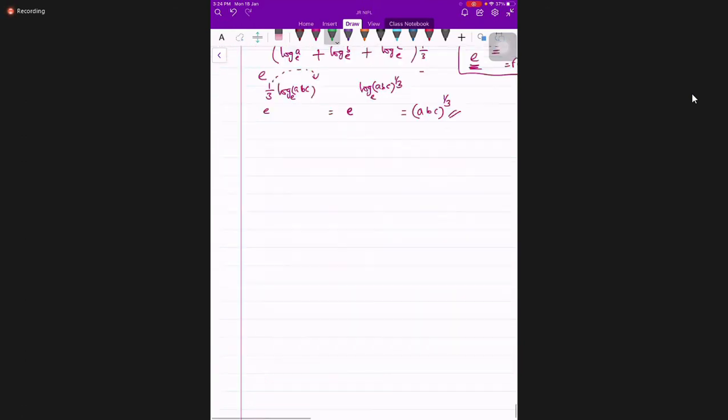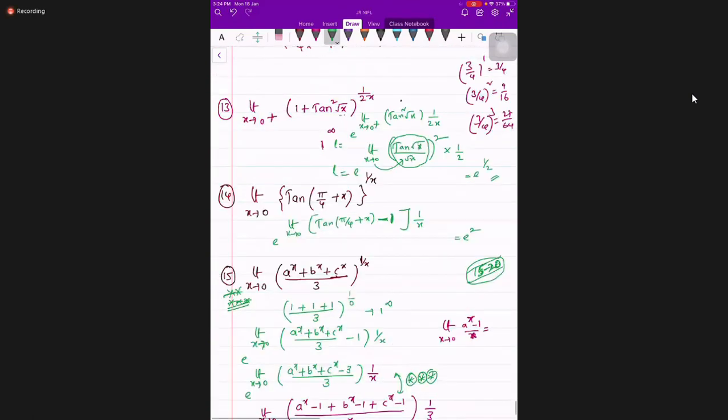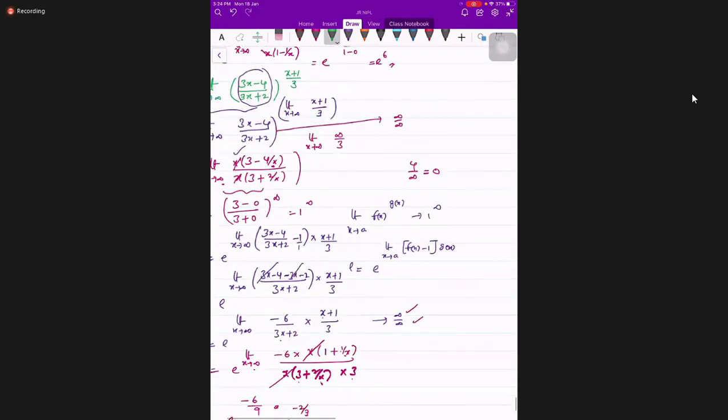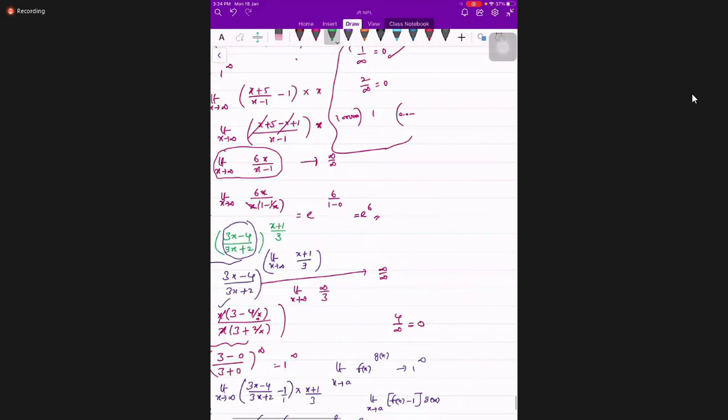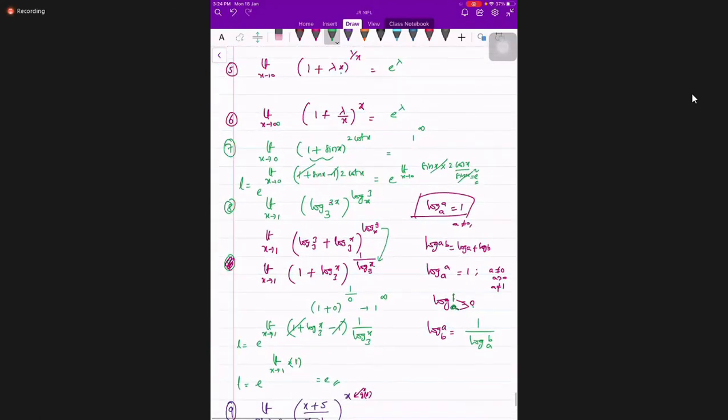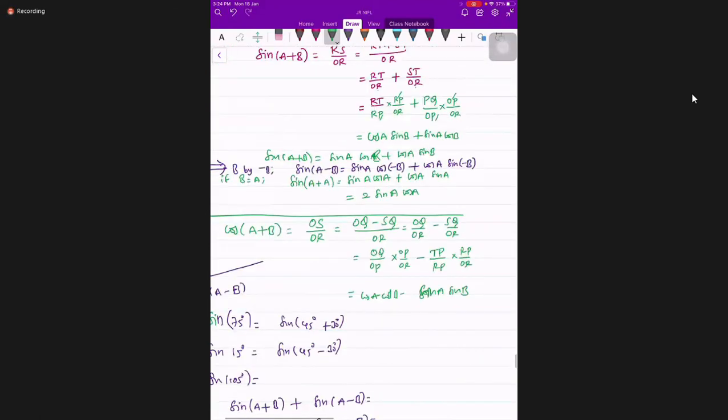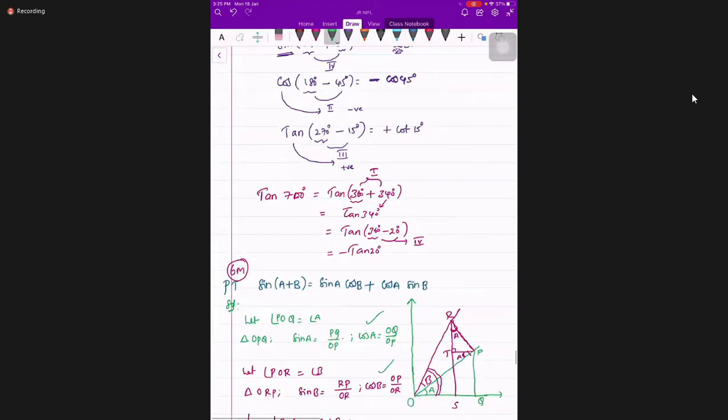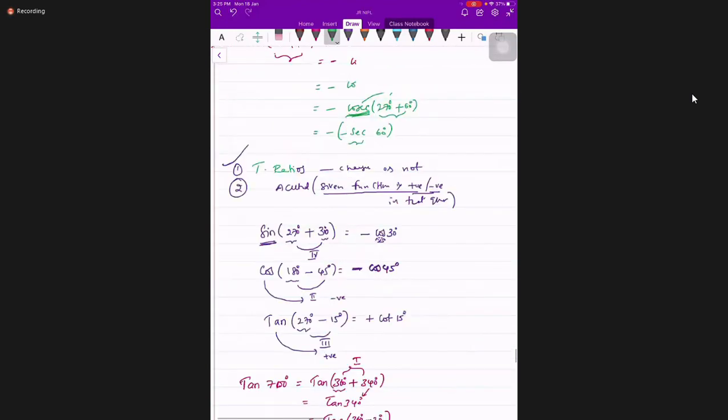Please revise all formulas from the beginning, all these limits-related ones only, not like normal. In between we did the term also, not only limits related. Everything, please revise once again.